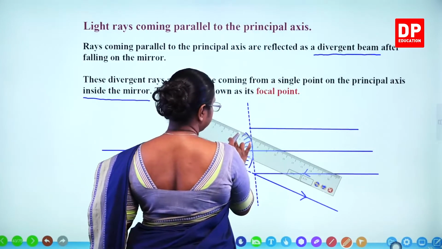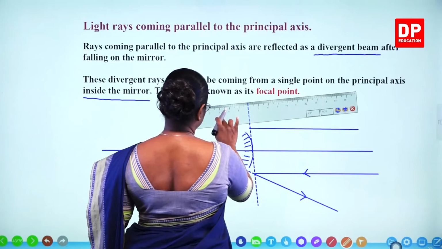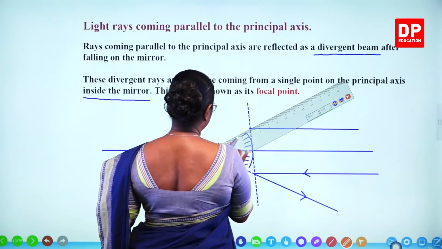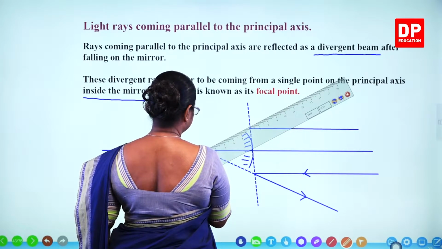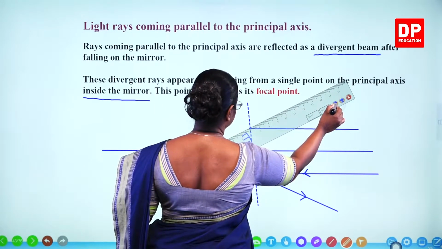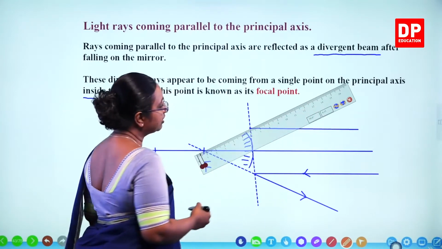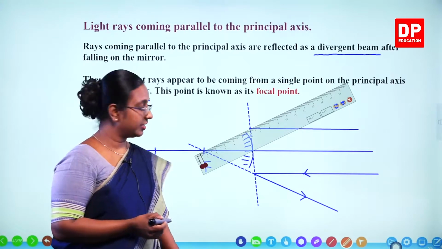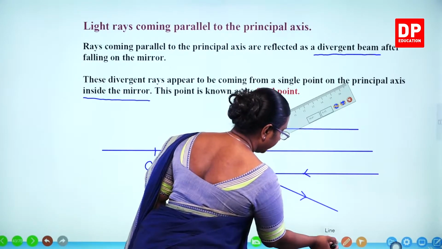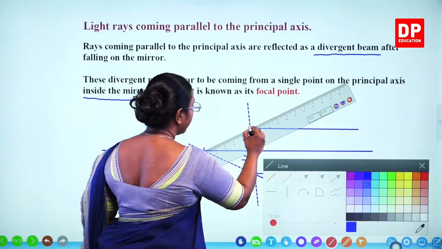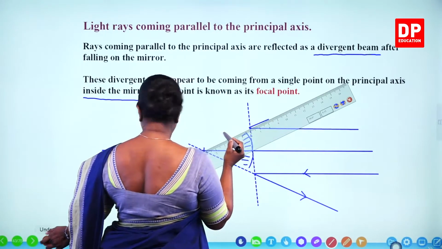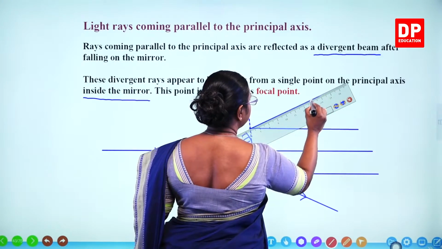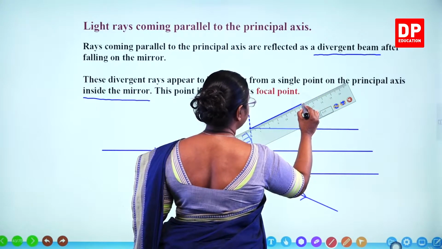So here, to draw the reflected ray, it has to diverge from the mirror. At the same time, it has to go through this point. So, here again, I will draw the reflected ray. That will be the reflected ray.